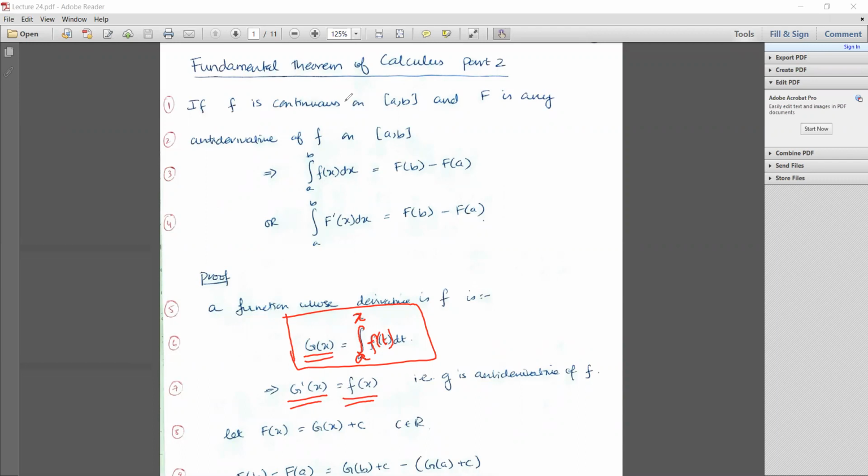I know that if this is confusing, just write it out like this. If G prime of x is f of x, then the integral of f of x is G of x plus any constant c. Right? So G is the antiderivative of f.